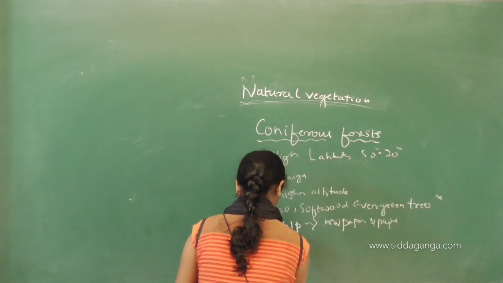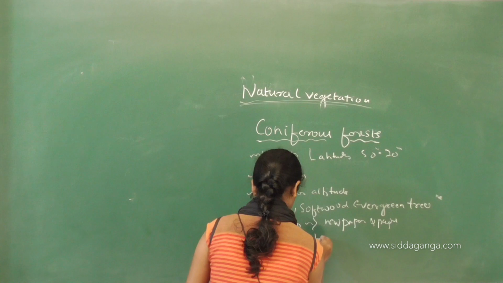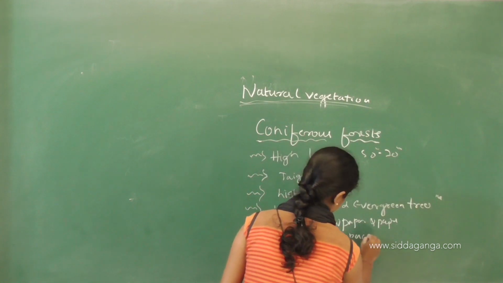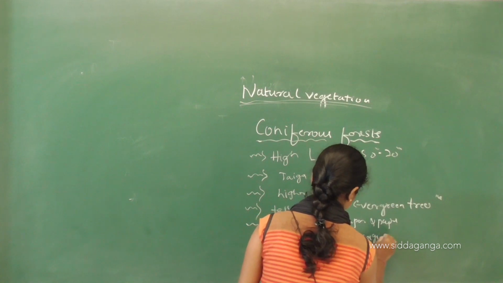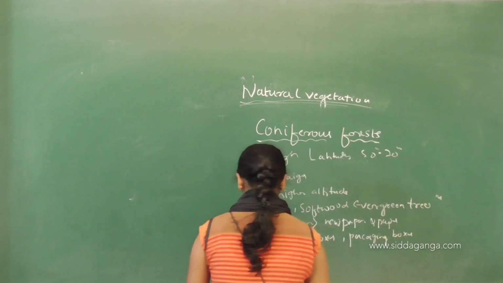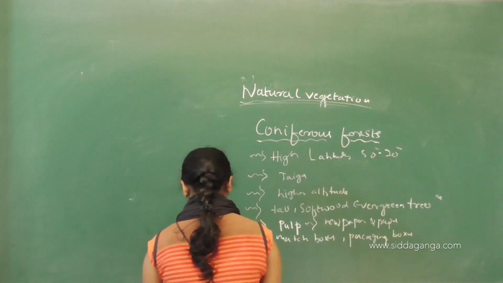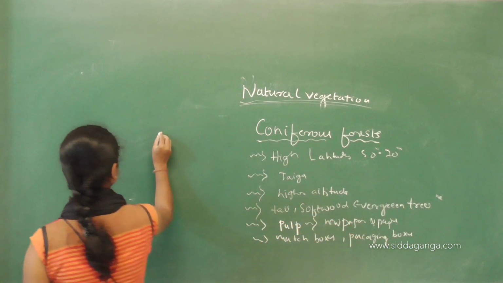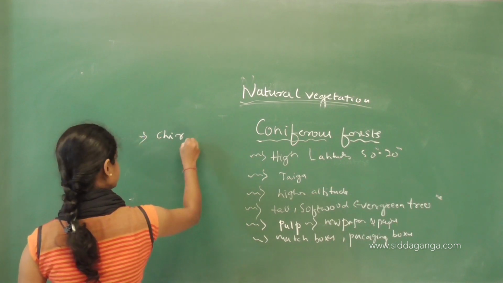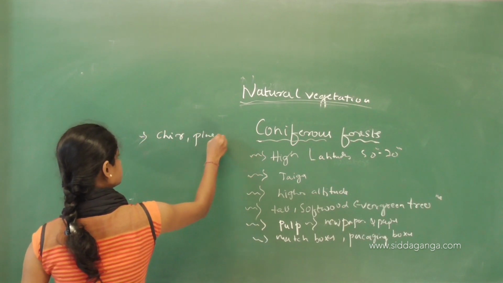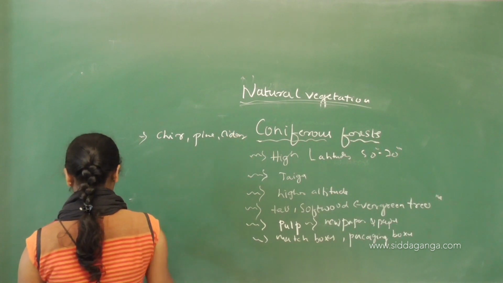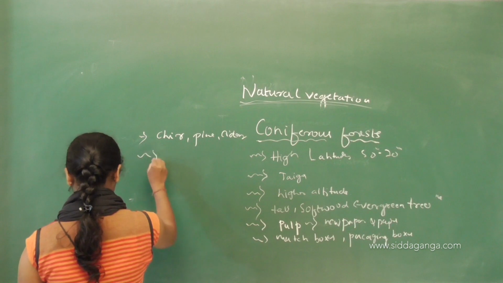Matchboxes and packaging boxes are also made from the softwood, and we can see chir, pine, cedar trees here.